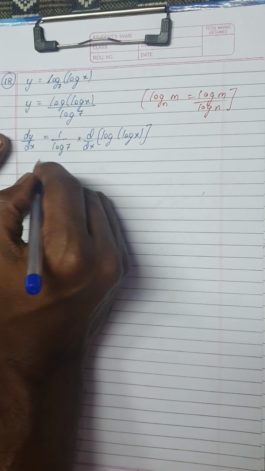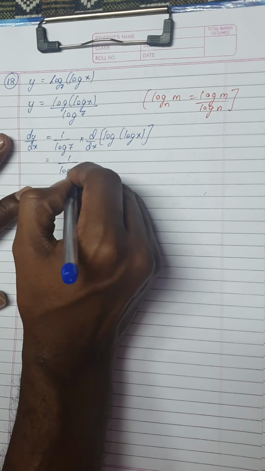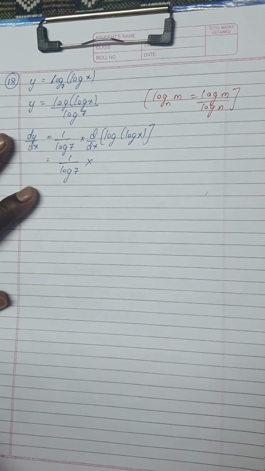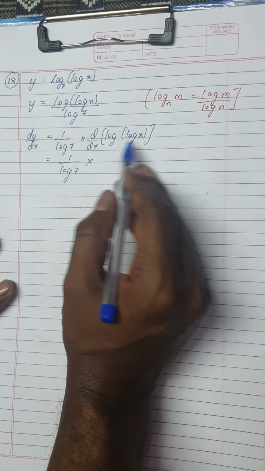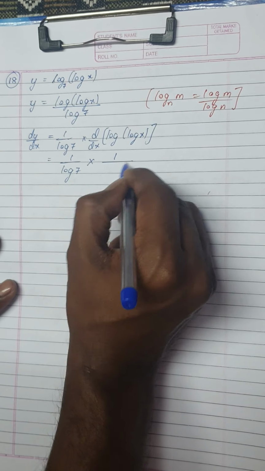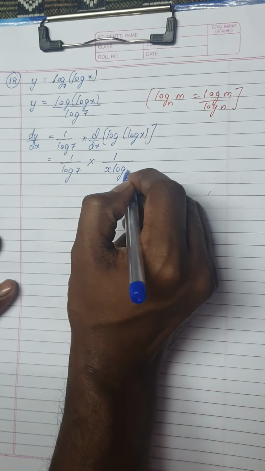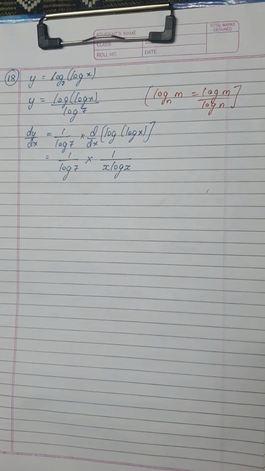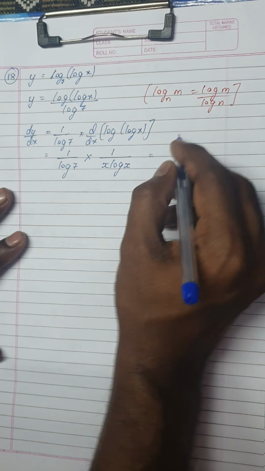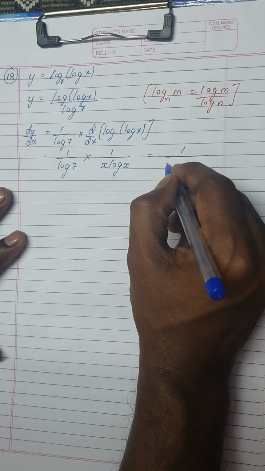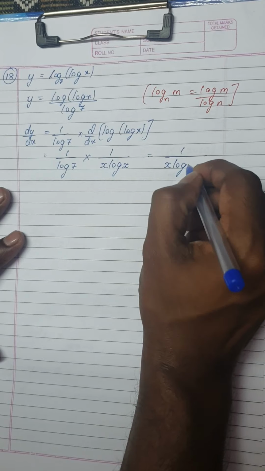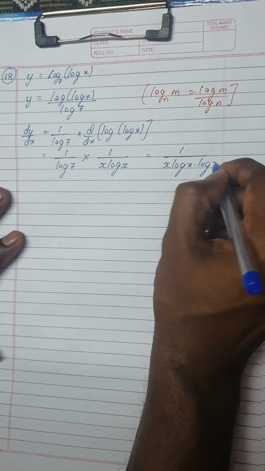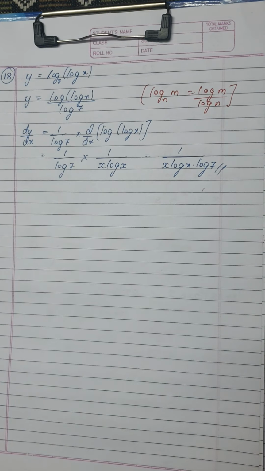Okay, so this is nothing but 1 divided by log 7 into, I told you derivative of log x is nothing but 1 divided by x log x. We have already done it in the previous problems, just check it. So finally you can write the simplified form as 1 divided by x log x into log 7.